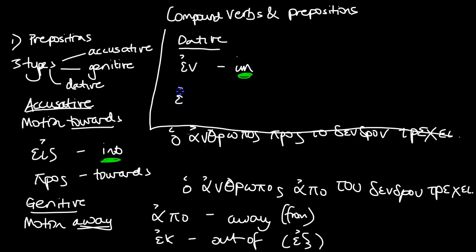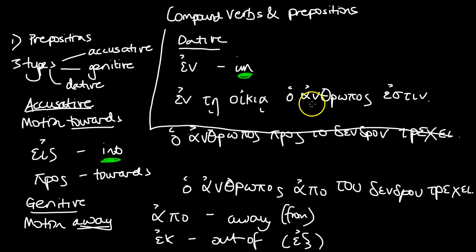So en te oikia ho anthropos estin. Does that make sense? It's plus the dative, so te oikia, because obviously en takes the dative.